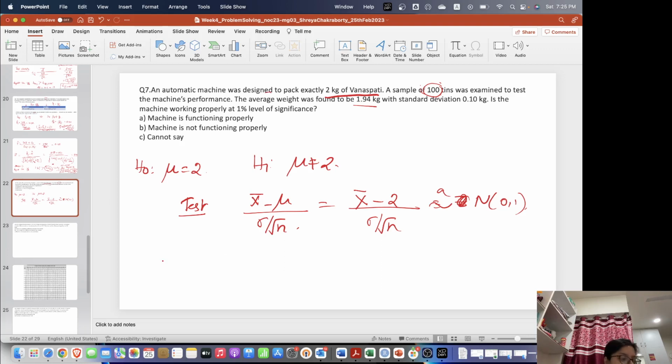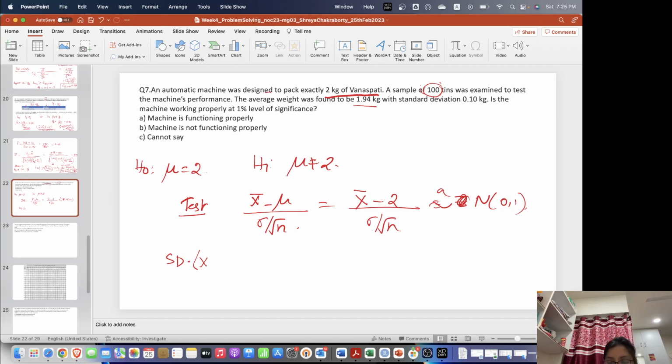Instead of sigma we have been given the standard deviation, which is given as 0.01.